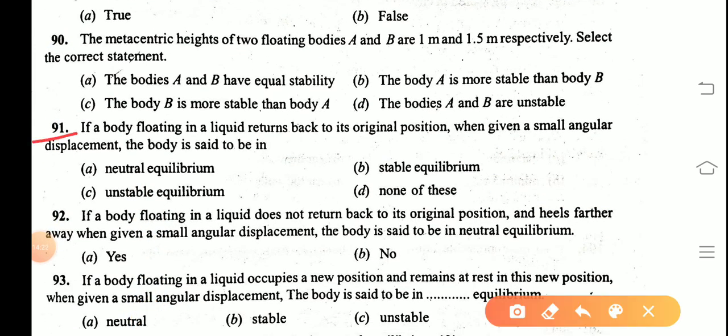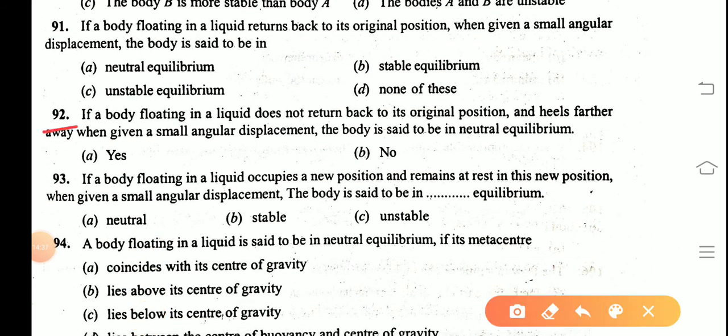If a body floating in a liquid returns back to its original position when given a small angular displacement, the body is said to be in stable equilibrium. If a body floating in a liquid does not return back to its original position and heels farther away when given a small angular displacement, the body is said to be in neutral equilibrium.